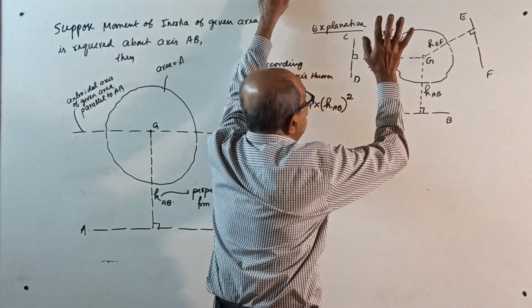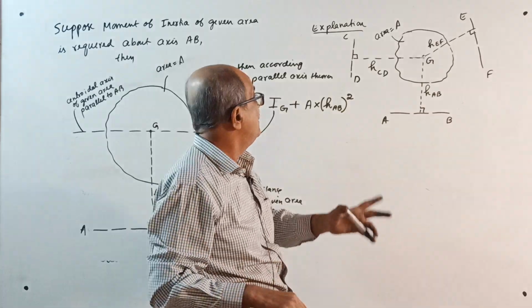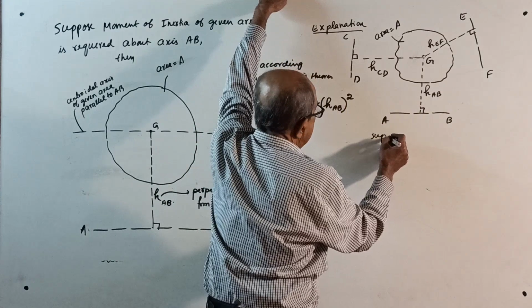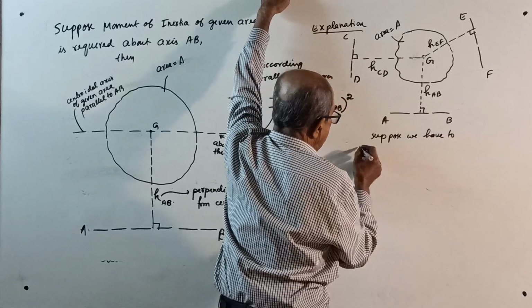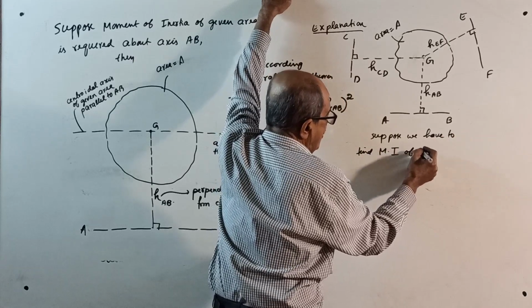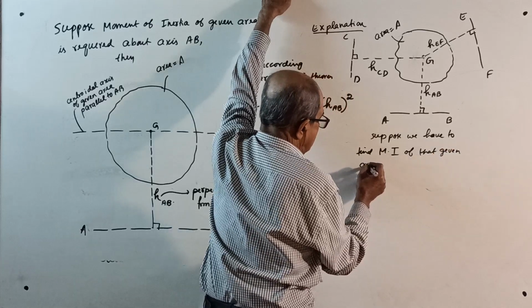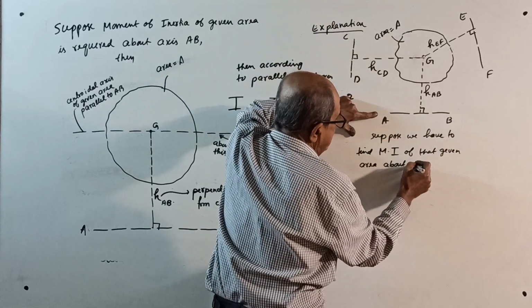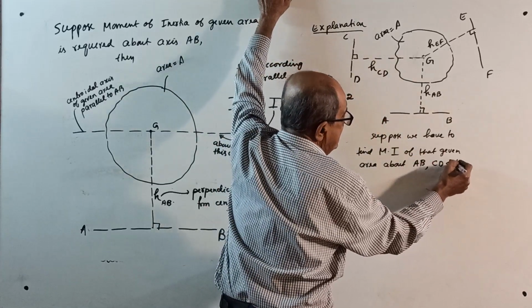Then, suppose we have to find the moment of inertia of that given area about one axis AB, comma, CD and EF.